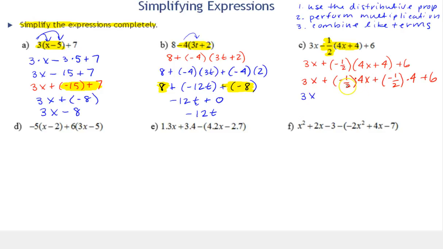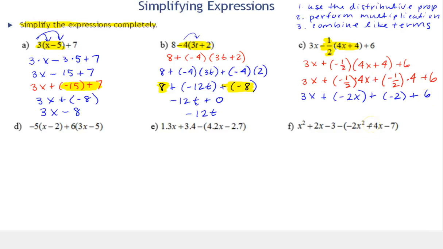I multiply negative 1/2 times 4, and that would be negative 2. If you need a review on that, you can check that on your calculator. So negative 1/2 times 4 is negative 2 times the x. Now we have plus negative 1/2 times 4, well that's negative 2. And then we have plus 6.